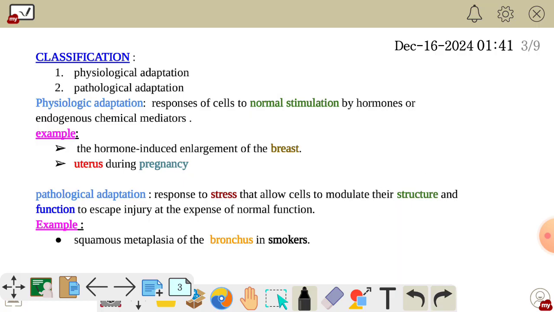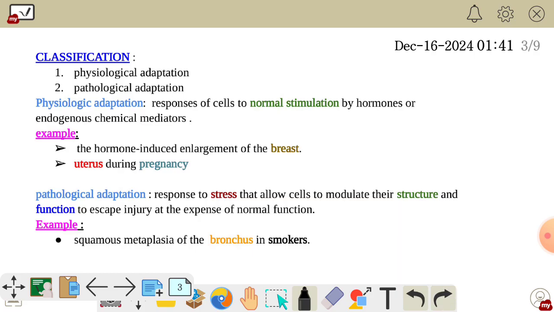So the structure of the cell is changed, and the function is also changed to escape injury, okay, at the expense of its normal function. So remember here, the normal function of the cell will be lost in pathological adaptation. So this is mostly seen in diseases in short.